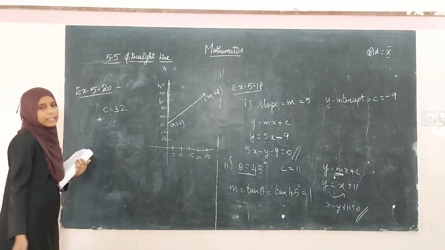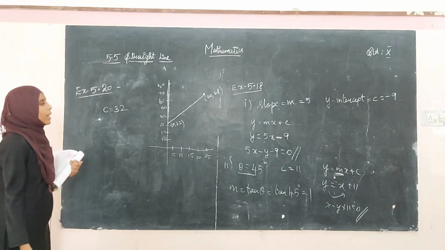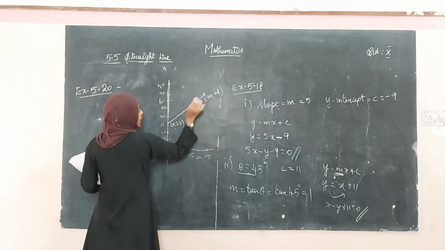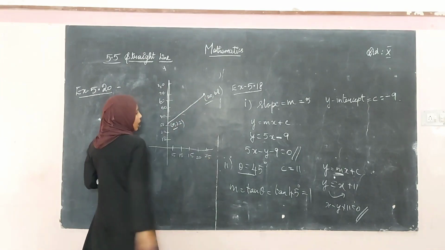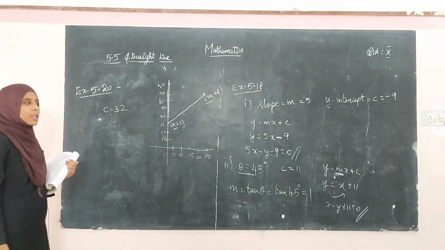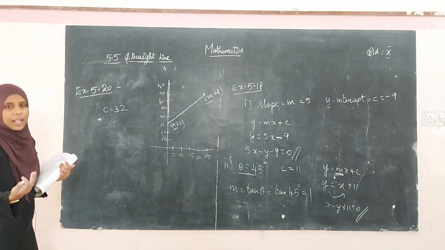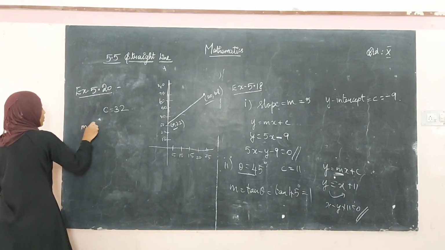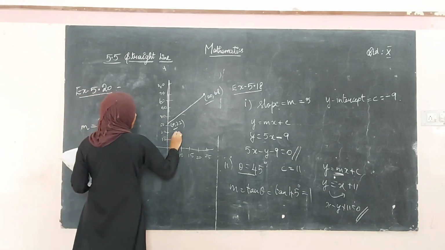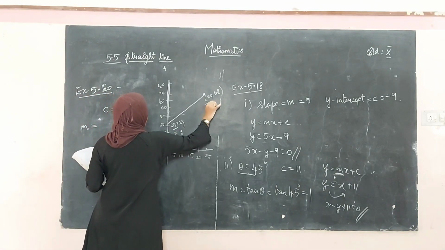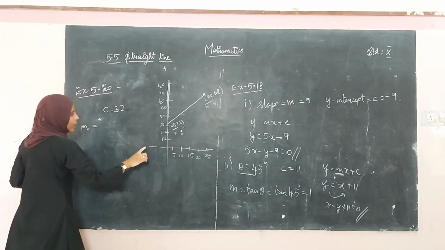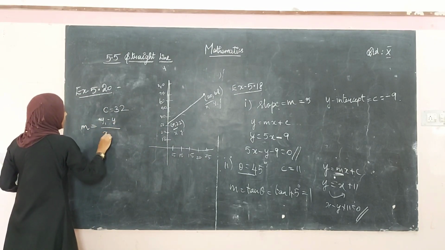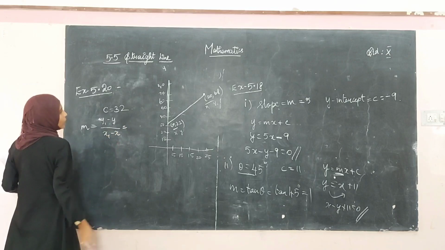Now we want to find the slope. So how can we find the slope? What is given on this line? Only two points are given. So if two points are given, we can find it using change in y coordinate divided by change in x coordinate. That is m is equal to, take this as x, y and this as x1, y1. Then y1 minus y divided by x1 minus x, which is equal to, what is y1?